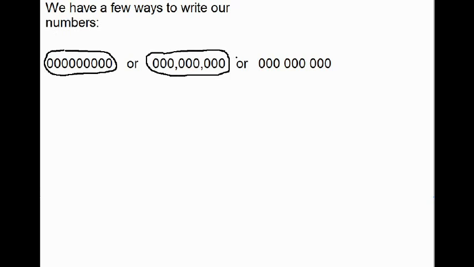So the places are in groups of 3, and sometimes commas aren't used, but spaces are used. And again, it's in groups of 3s here. For the rest of this video and for the rest of this series on number sense, I'm going to use this way. I'm going to use the commas, and we're going to see why that's kind of a handy way to write values in terms of trying to identify the places.